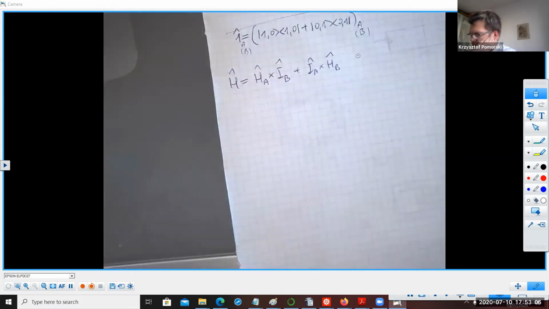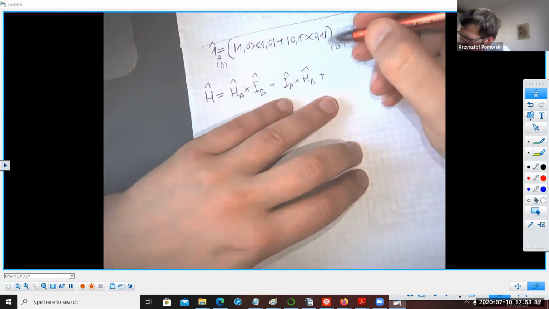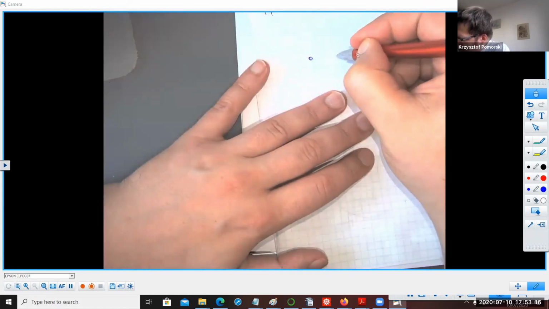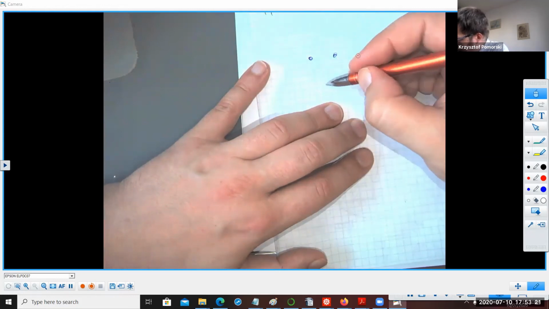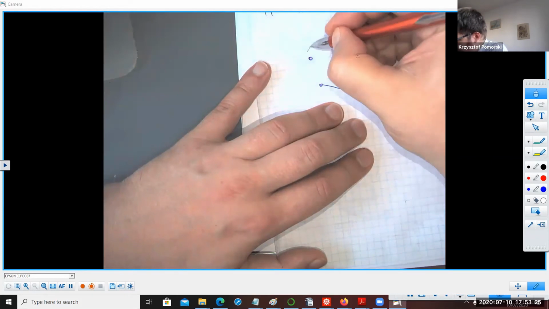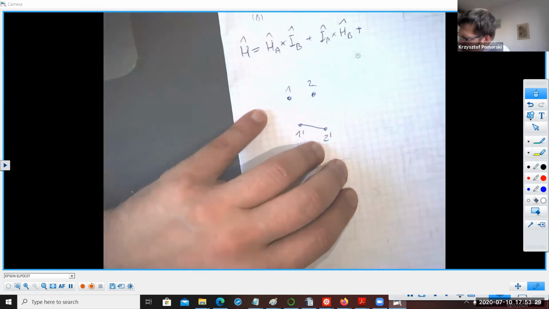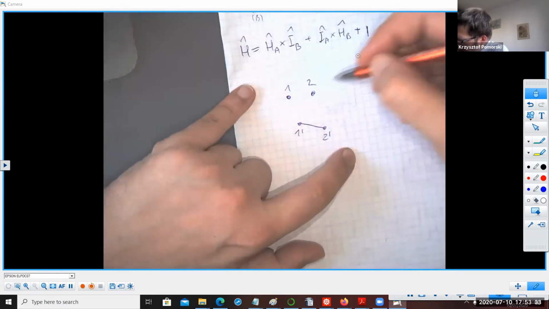And then there is this Coulomb term that has to be counted. First I have to write down this physical situation. So 1, 2, 1 prime, 2 prime. And there are some distances.